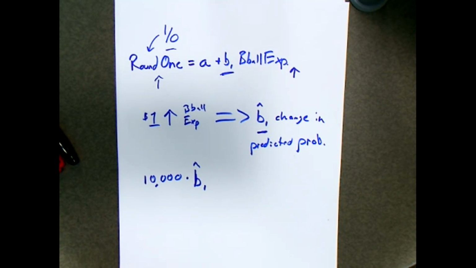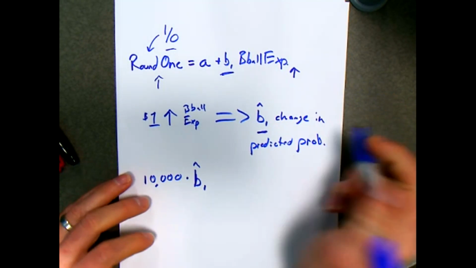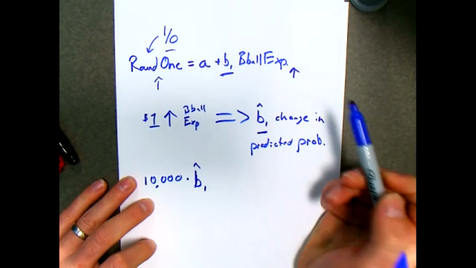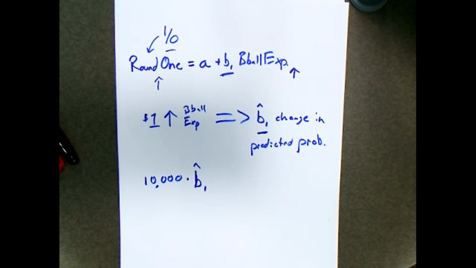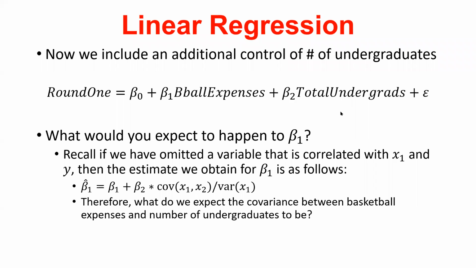Now, the problem is, if I don't use any other controls, what types of schools are likely to have higher basketball expenses? Schools that are just larger, right? They have higher enrollments. That's on average. There might be some with lower enrollments, but maybe that's something we want to control for. So I might throw in that additional control, which is controlling for the total number of undergraduates.